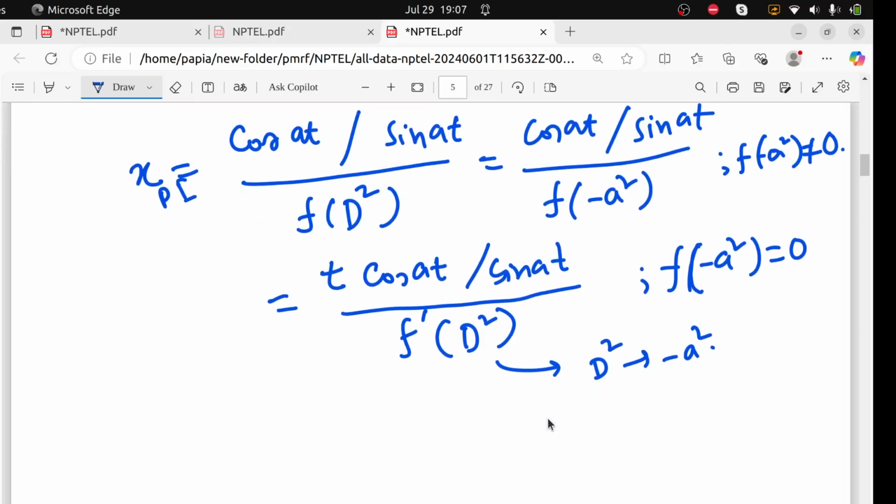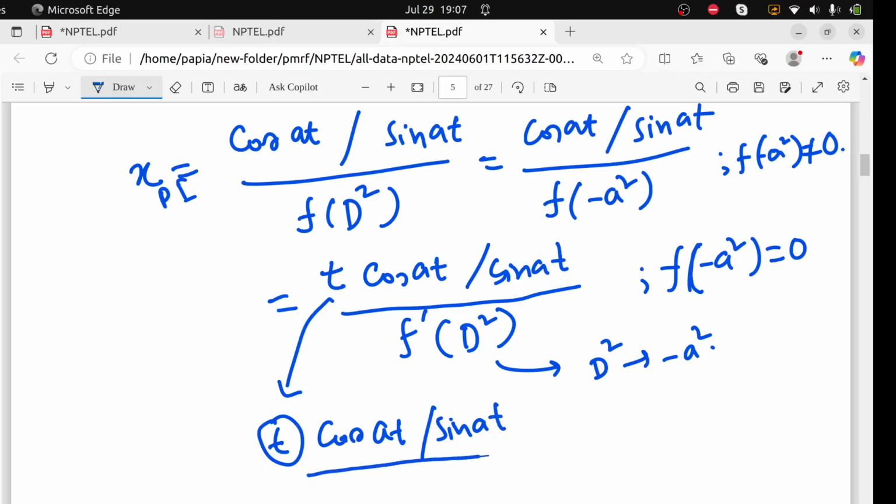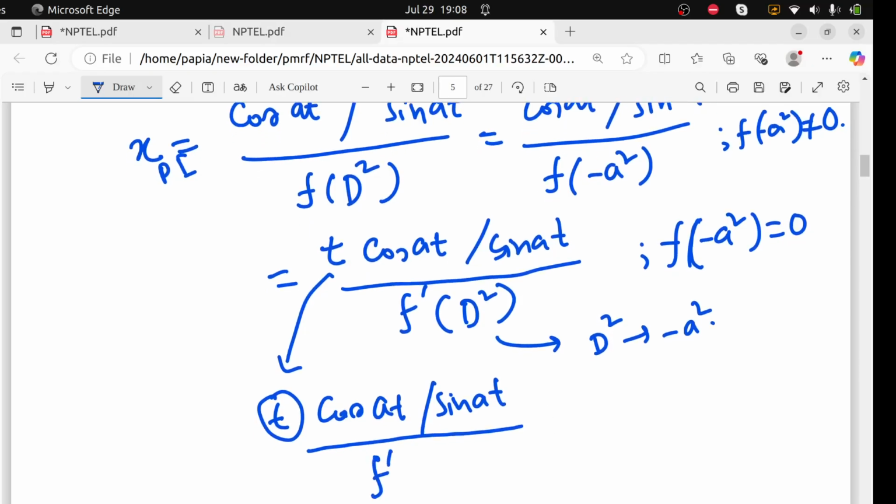First you have to introduce t. Always it will be a t. Then you have to write here cos at or sin at, whatever is there in your question. Then in the denominator you have to write f prime of D square, which means the derivative of this denominator.